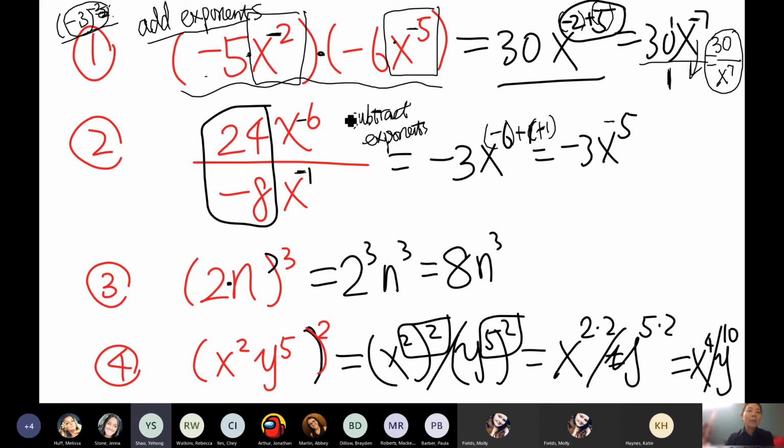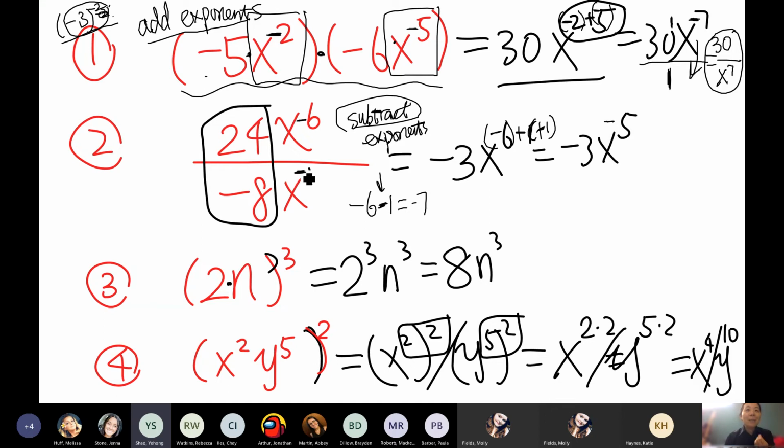And a common mistake was, we always have students who thought, okay, negative 6 minus 1 is negative 7. Well, I am doing subtraction because you said division, you do subtraction. But they didn't realize that this minus they're having is from the negative 1.